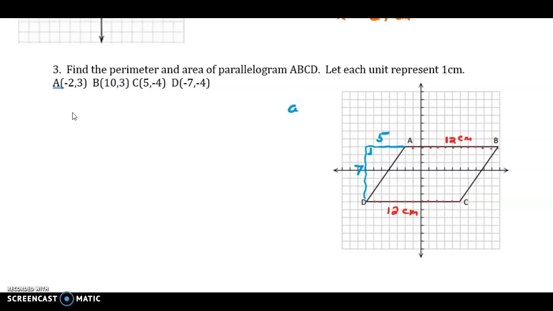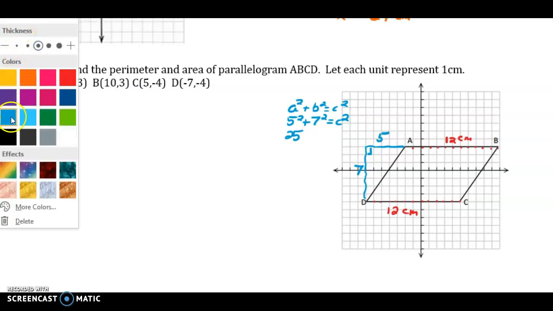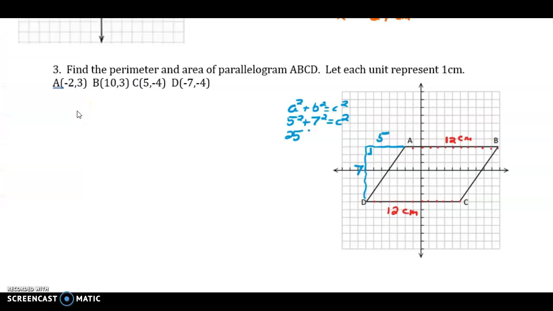So if you're thinking theorem, you're going to go 5 squared plus 7 squared equals hypotenuse squared. So that's 25. Oops, don't make that mistake. Alright, 25 plus 7 squared, which is 49, equals c squared.